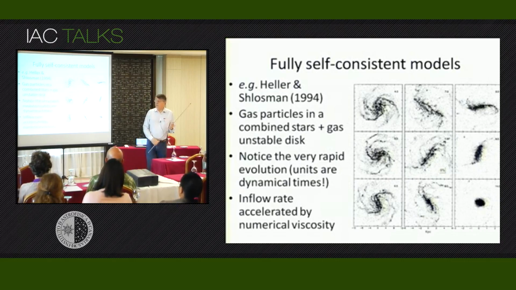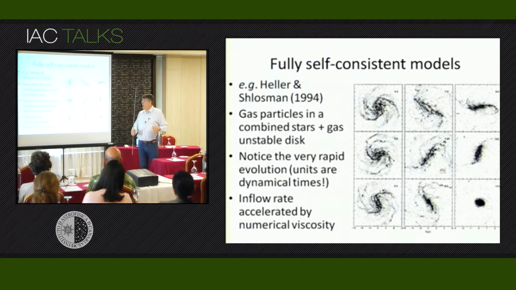But from time 4 to time 14, which is all they're illustrating here, the gas distribution changes from being roughly uniformly distributed over the galaxy to almost everything concentrated right in the middle. And this inflow rate is physically reasonable.